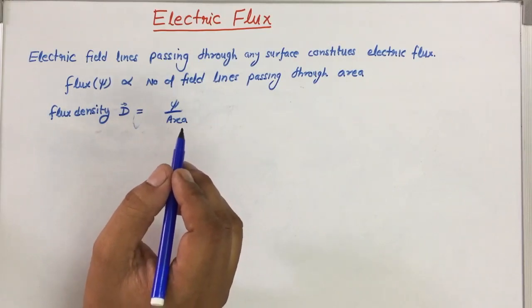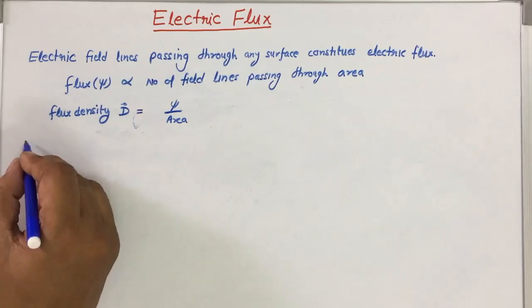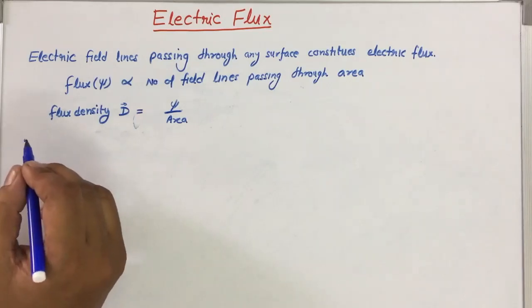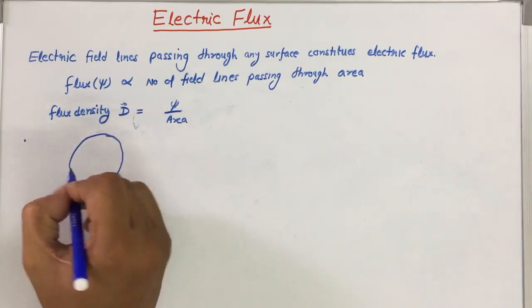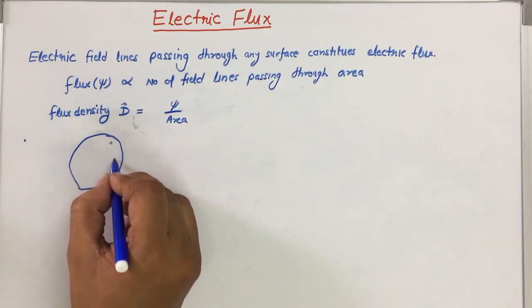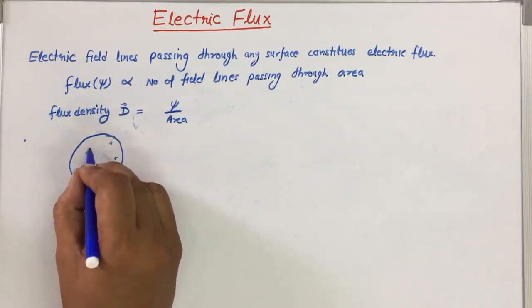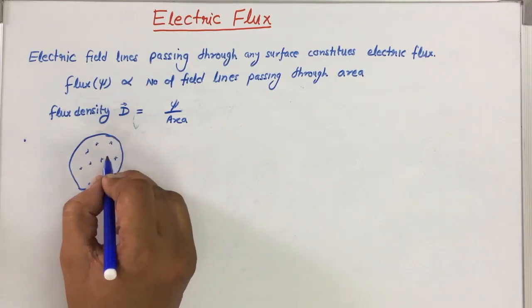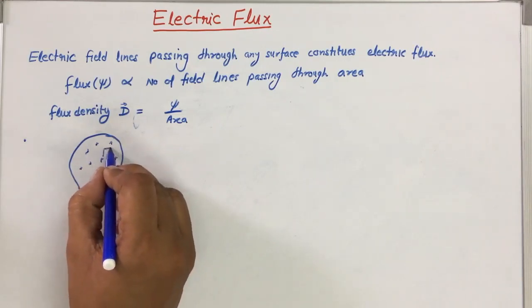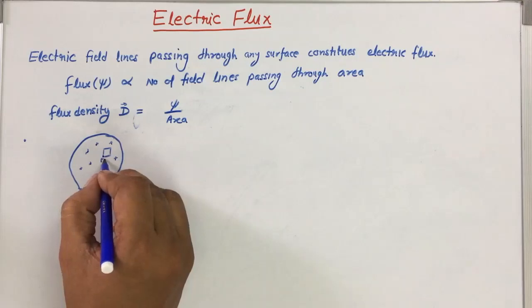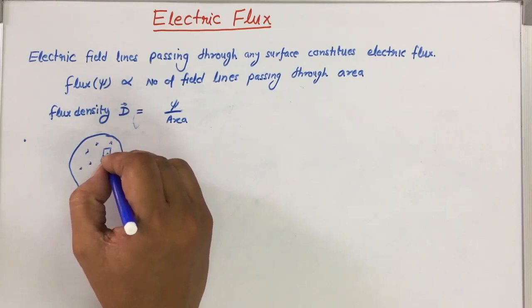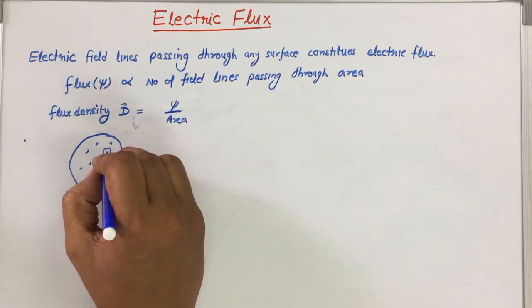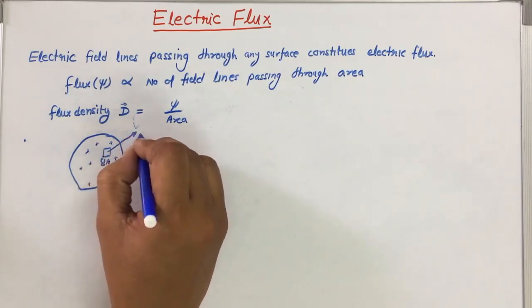Okay, there are a few things that should be remembered in the case of flux lines. For example, this is any surface and charges are distributed in it, and we have considered a small area in it, that is dA. As we know, the area vector is normal to the surface, outwards. So this is our area vector.